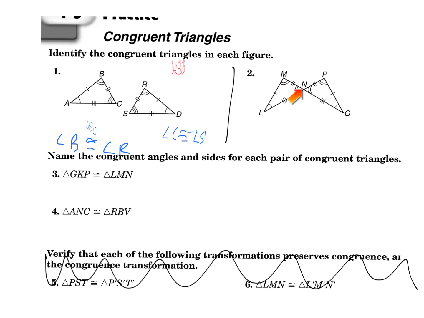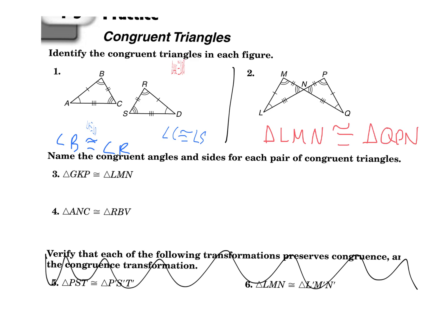Side MN is congruent to side PN. And side LN is congruent to side QN. So because of all this, we know that triangle LMN is congruent to triangle QPN.